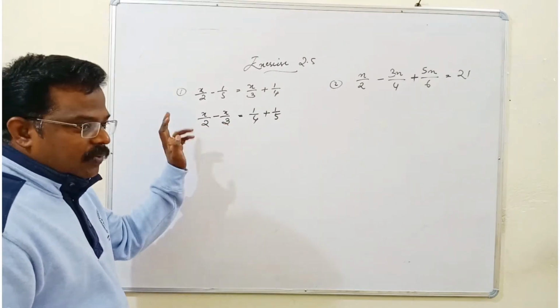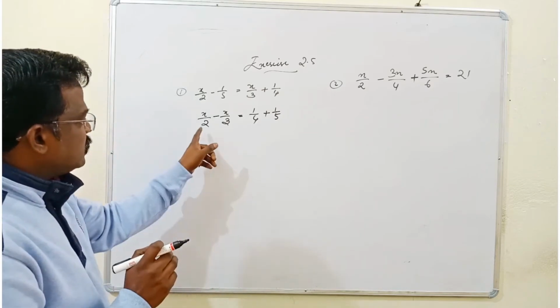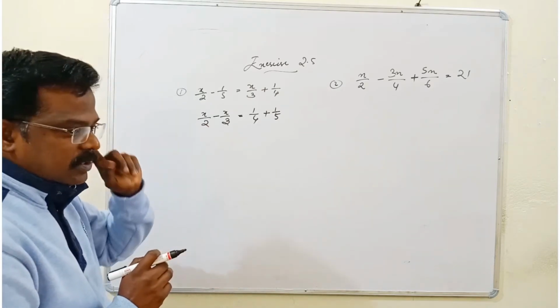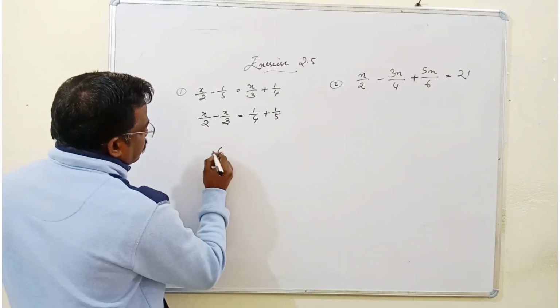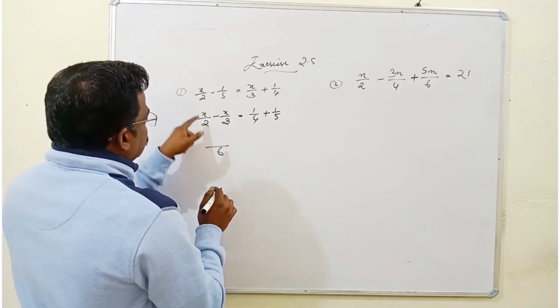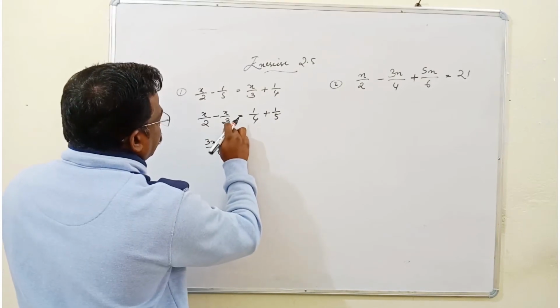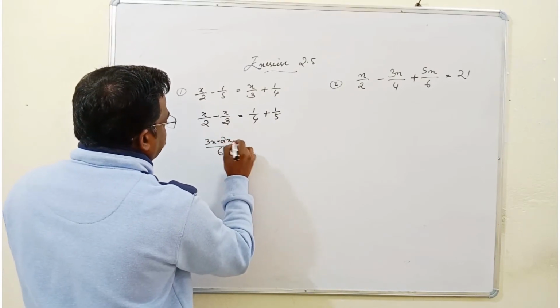So we know that for subtracting fractions you want to get the common denominator. That is, LCM of 2 and 3 is 6. So here 2 into 3, 6, so 3x. So here 3 into 2, so 2x.